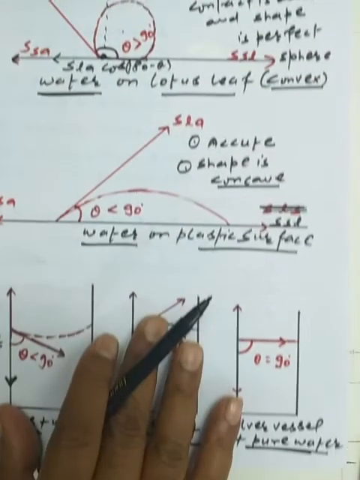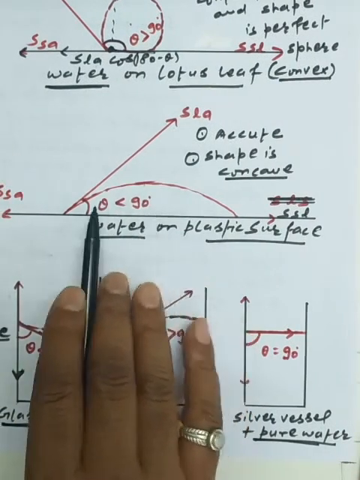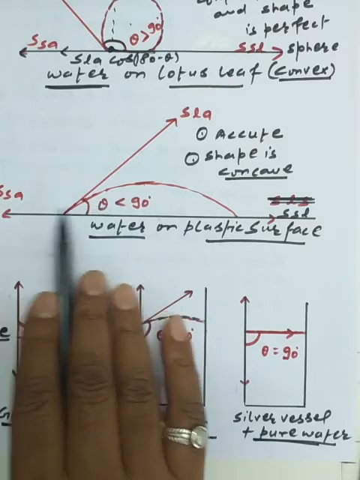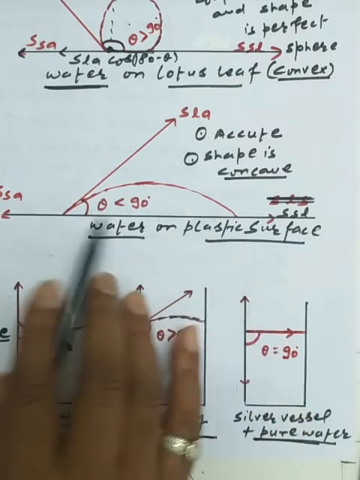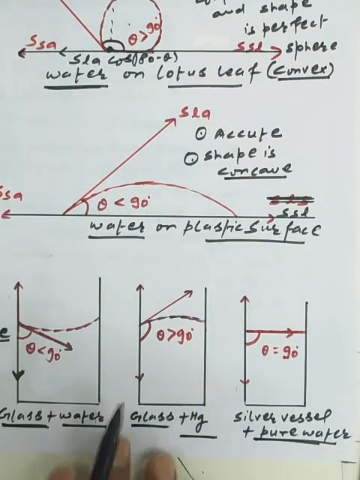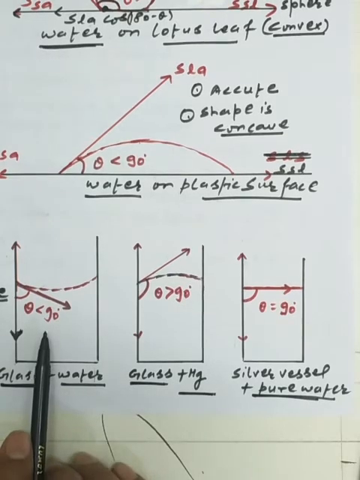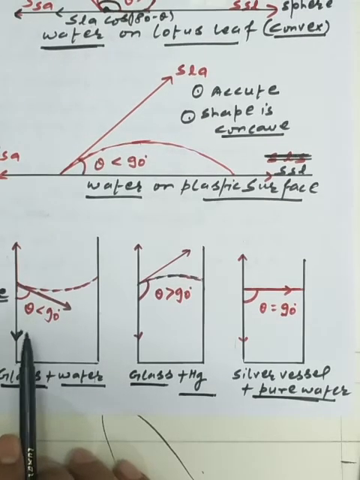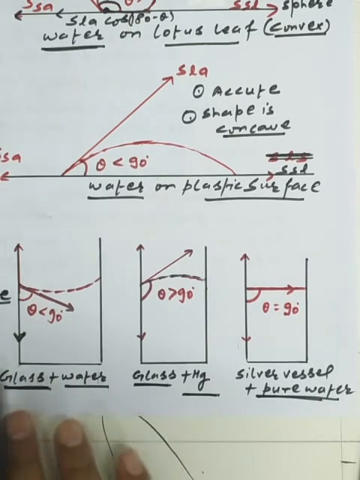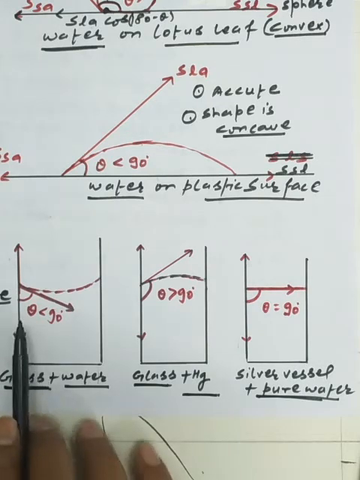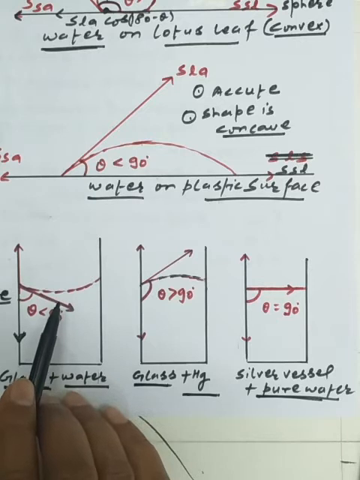Here we are saying the magnitude of the adhesive forces is much more compared to the cohesive forces, so that's why it is flat on the surface. A little of it comes in the shape of a concave. In the same way, taking water in the glass, the magnitude of the adhesive forces is greater compared to the cohesive forces, so it comes in the shape of a concave meniscus.